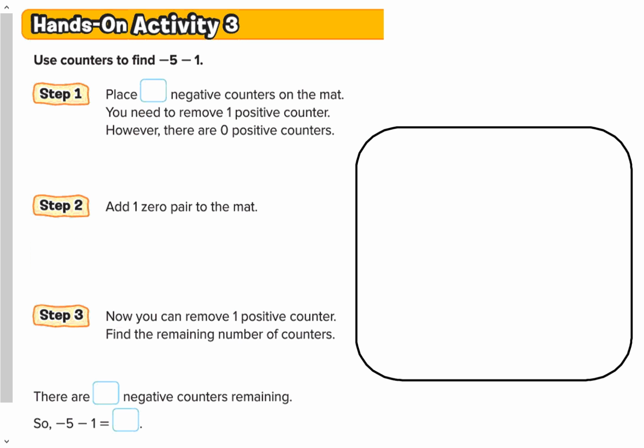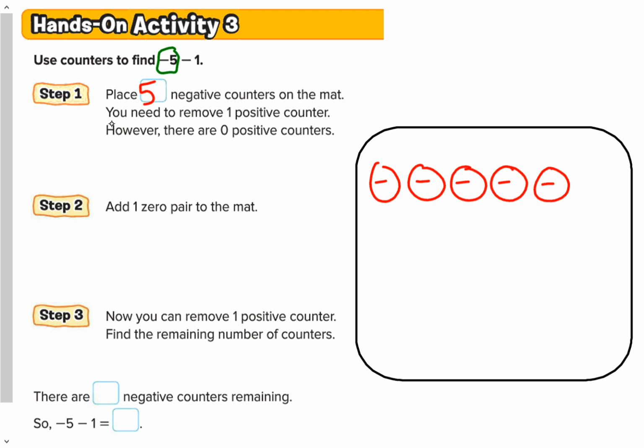Here's our last hands-on activity. We're going to find negative 5 minus positive 1. We start by placing 5 negative counters on the mat. 1, 2, 3, 4, 5. Now we have to remove 1 positive counter. Do we have a positive counter on here? No. So let's put one on there.